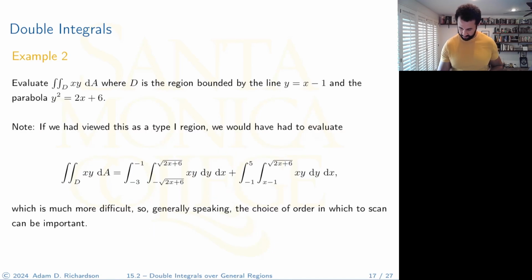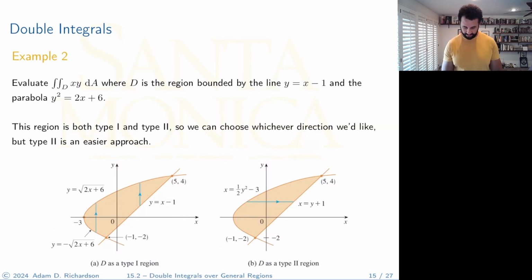This is what I was saying here. If we want to scan vertically first, here's where things get rough. On this region over here, the lower curve is this square root function, and the upper curve is this square root function. But right at this point of intersection, the lower curve changes.